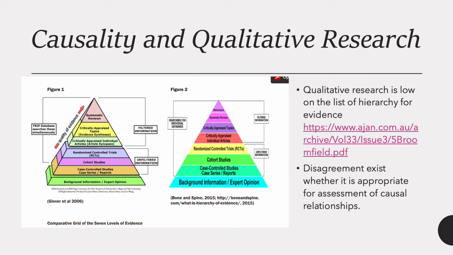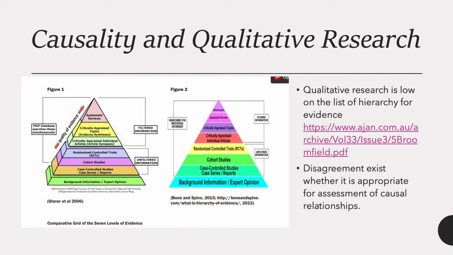There is some disagreement about whether you can get causality from qualitative research. Qualitative research, as you probably remember from chapter 1, is fairly low on the evidence hierarchy. I provided you this graphic on the evidence hierarchy, and it is a comparative grid of the 7 levels of evidence.